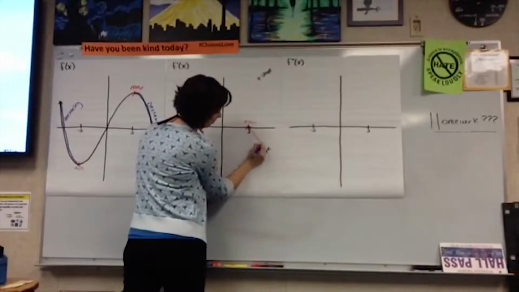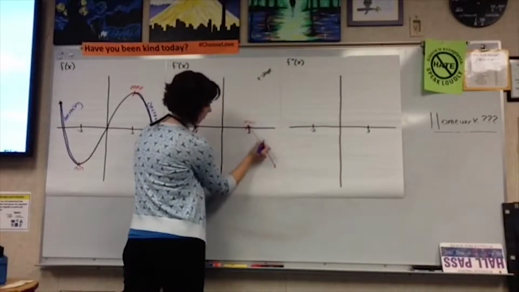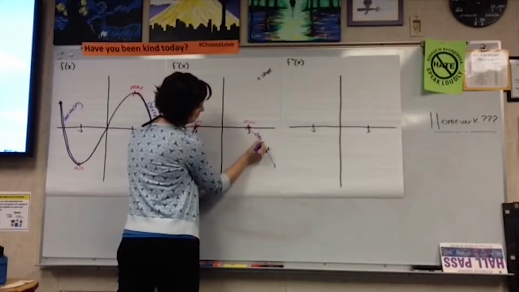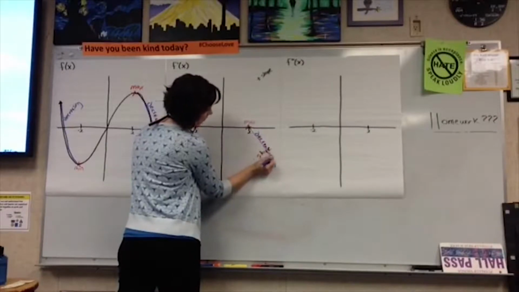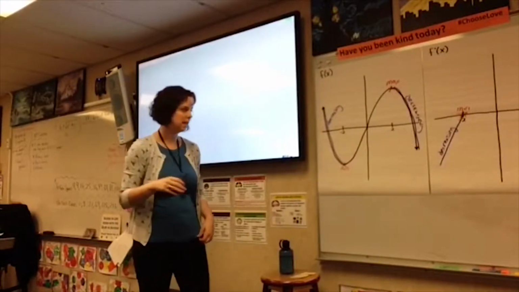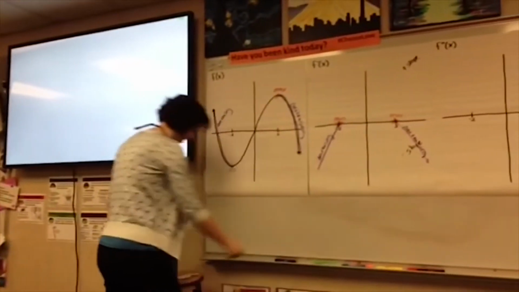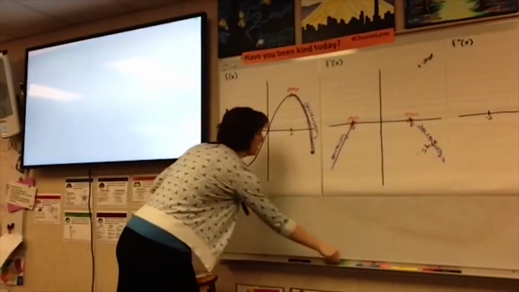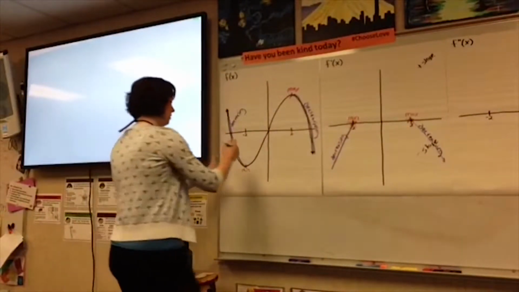Okay. So we discussed decreasing. What else should we discuss then? Increasing. Okay, so where is it increasing? Negative 2 to 2. Okay.